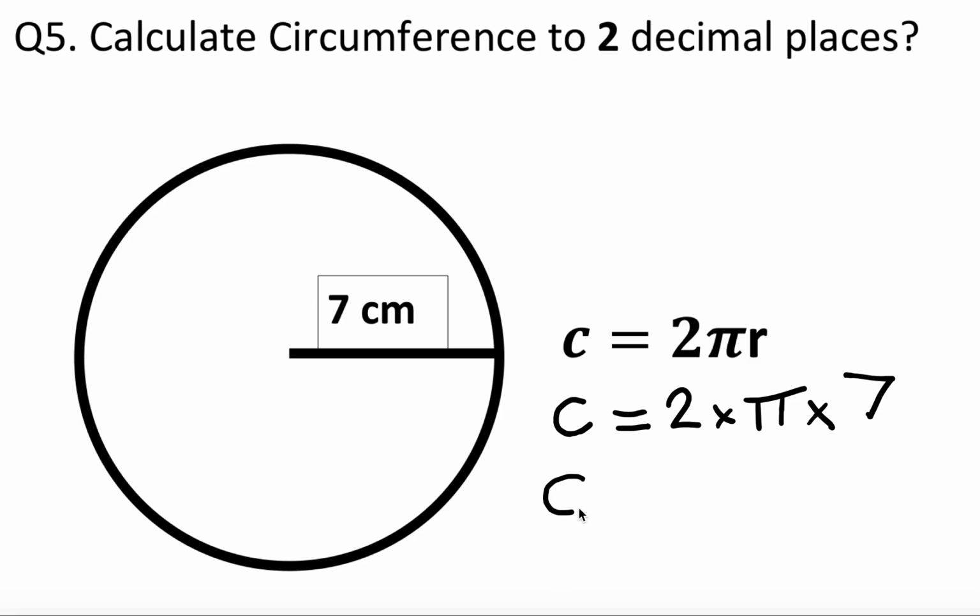And so we get the old calculator out, and the answer is 43.98, because we're going to make it 2 decimal places.